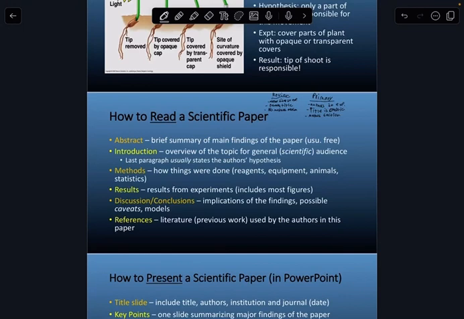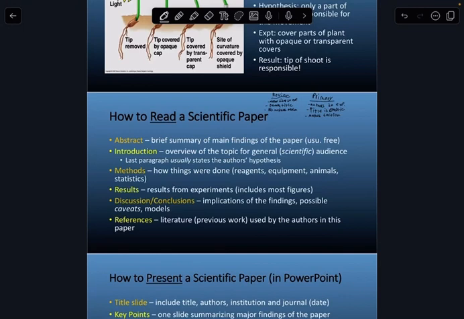Usually the author of the review is an expert in the area and knows, I'm going to pick these papers because these are the most important ones. So a review paper, like Silbergeld, doesn't have a methods section, but primary scientific papers do.